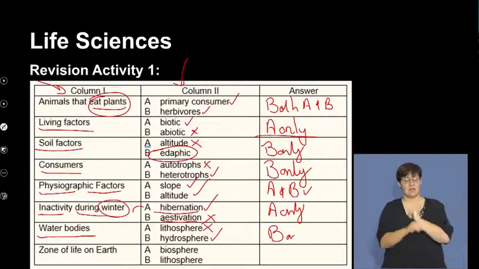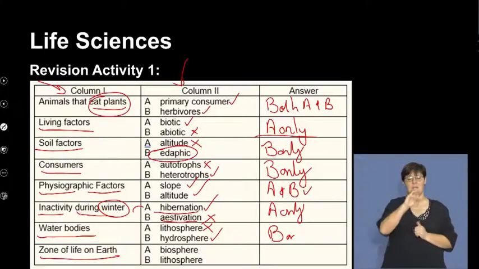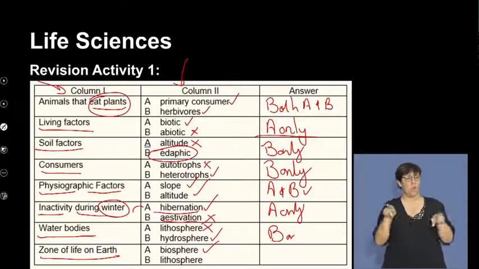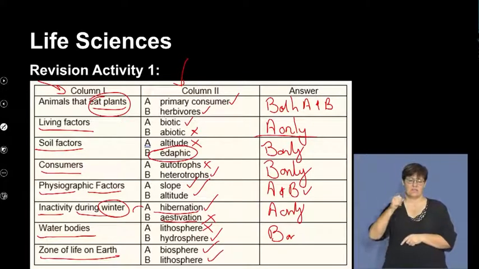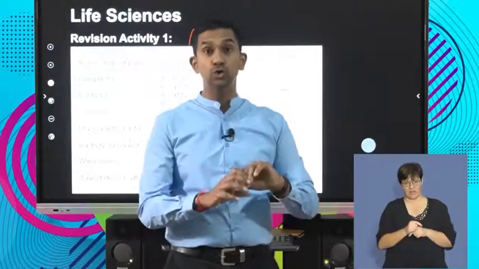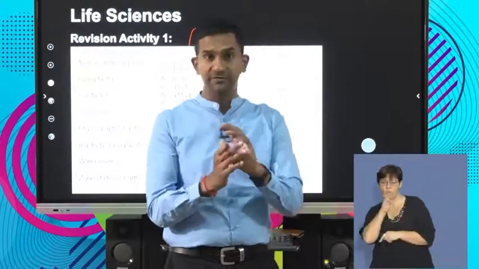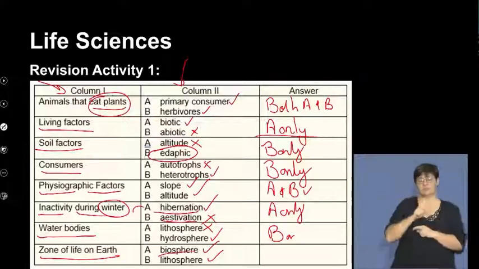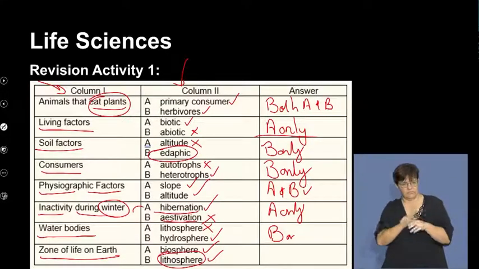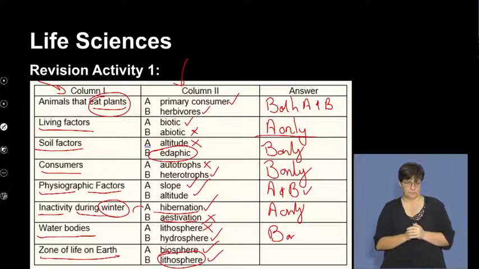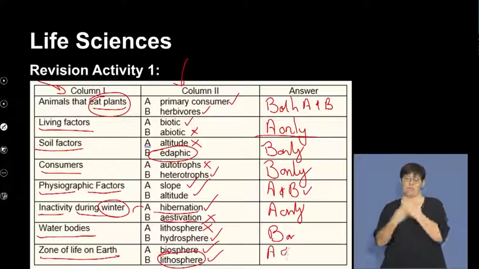And finally, the zone of life on Earth, again, the zone of life on Earth is the biosphere as well as the lithosphere. So the biosphere includes the lithosphere, hydrosphere, and the atmosphere, all support life, but it's important that we recognize that the lithosphere also supports life, and that again is A and B.